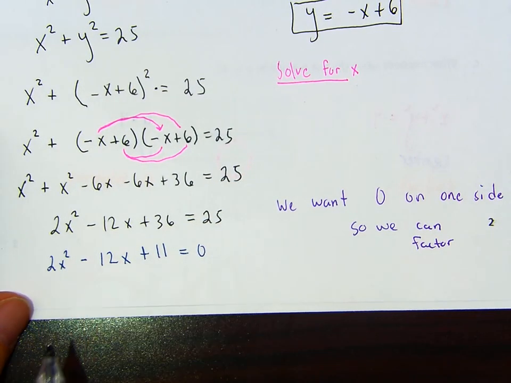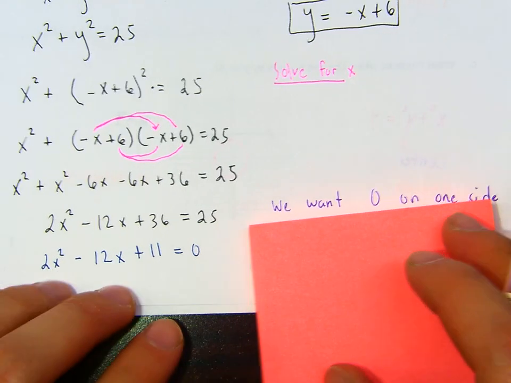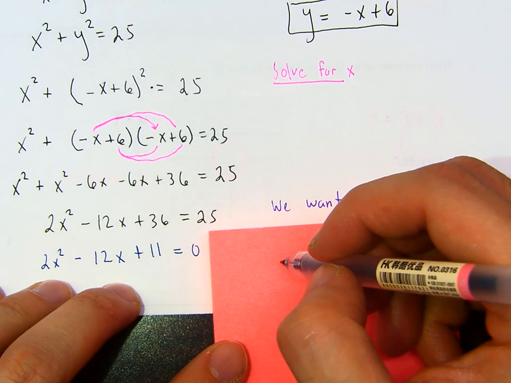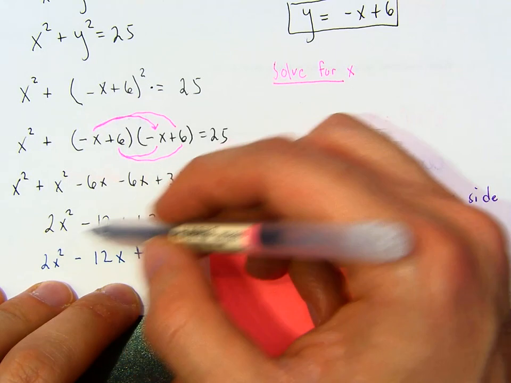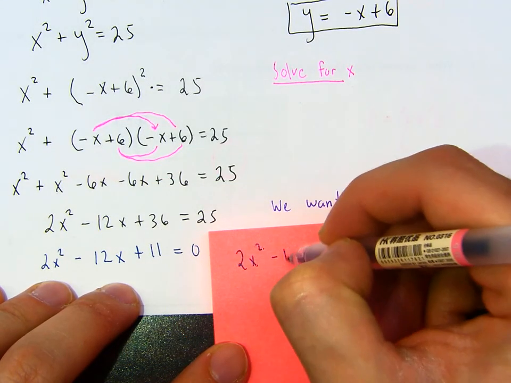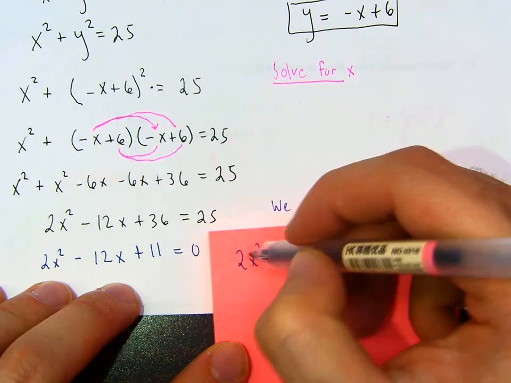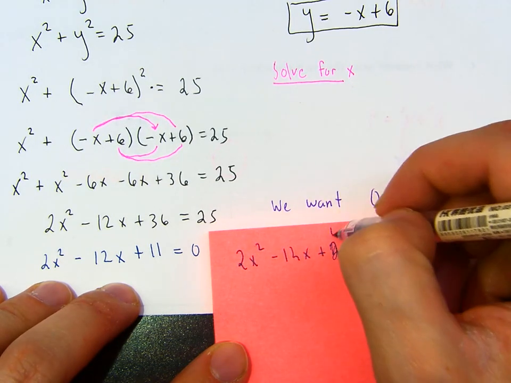Then how do you continue to factor this? This will be a little weird because some of us haven't seen this in a while, but it looks like we have to do the AC method. So from here, 2 times 11, this will be 2x squared minus 12x plus 22, I'm sorry, plus 11 equals 0.